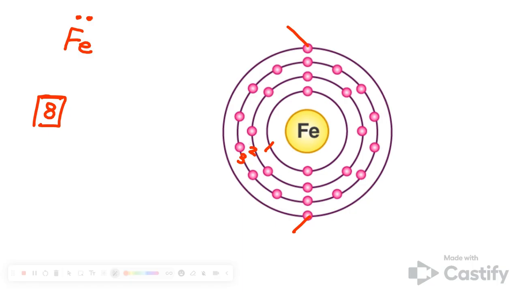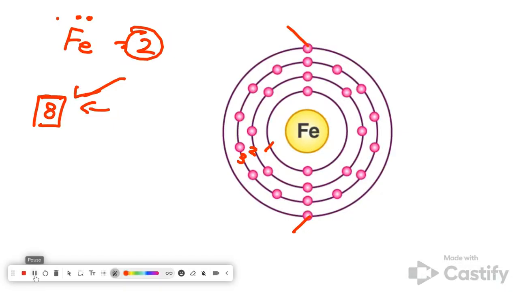That means that iron can use those 6 inner electrons plus the 2 outer ones to get 8. So there's kind of a controversy here. In high school chemistry, your teacher would probably just say it's 2. But technically, it is 8 because of the transition metals. All right, well, that's our video today.